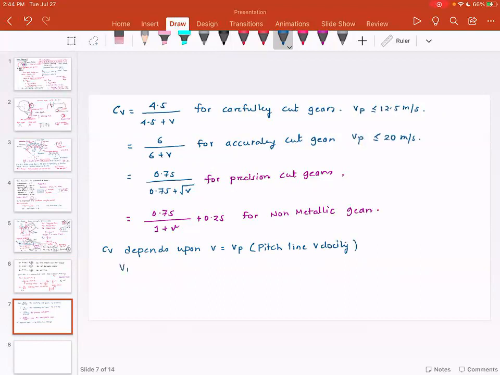If you look at the equation for the pitch line velocity, that depends upon pi times d times n divided by 60.